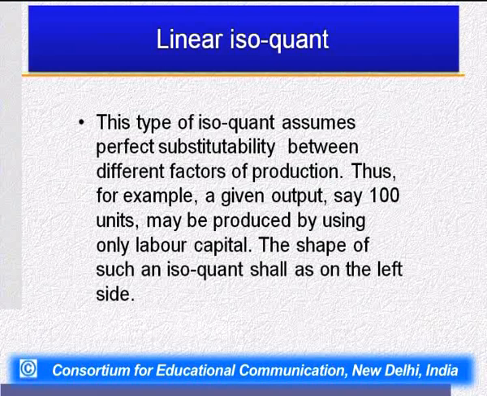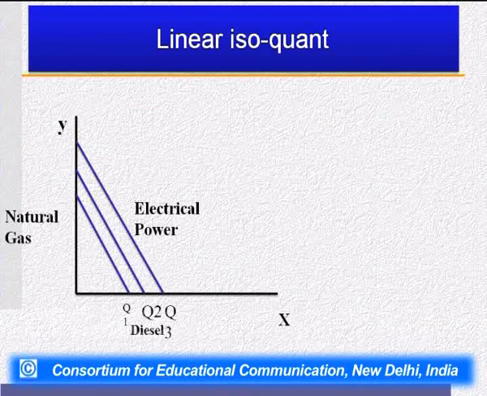For example, a given output, say 100 units, may be produced by using only labor or only capital. The shape of such an isoquant is as shown on the left side.